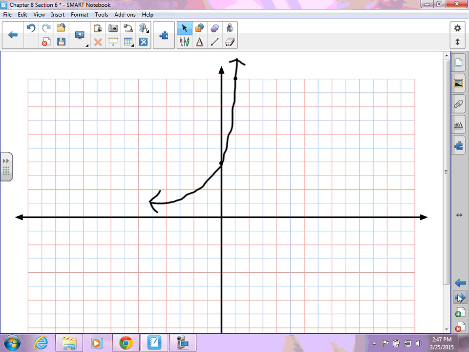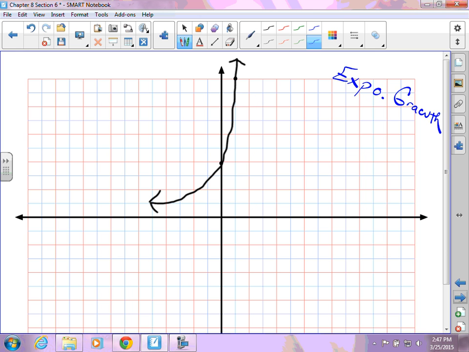Then when you do these, we're going to look at where it crosses the y-axis, and we're also going to take a look at a dot where it's easy to read the ordered pairs. All right, this one, for instance, is (0, 4), and this one is (1, 10).